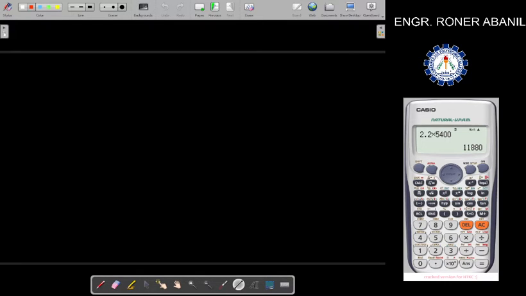So, unang takbo nung jet engine niya, syempre, mag-i-start siya, may initial siya na T0, no? May start siya na T0 equals 0 second, no?